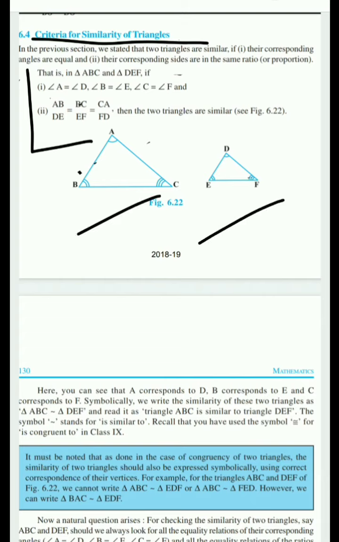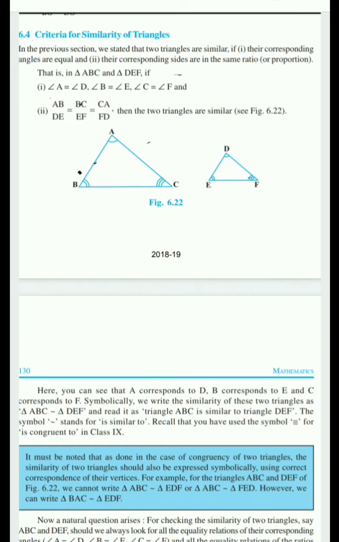This is a very important topic, because in earlier class 9, we were talking about congruence of triangles, in which all 6 parts of the triangle should match each other. Meaning all 3 angles should match 3 angles and all 3 sides should match 3 sides. Then only we said that these triangles are congruent.